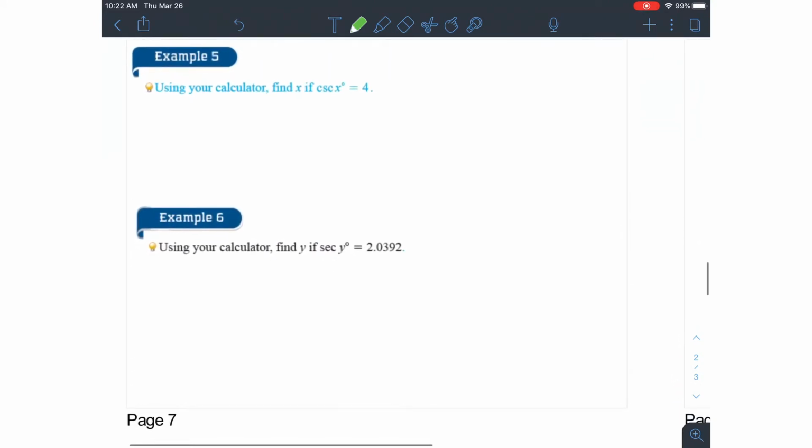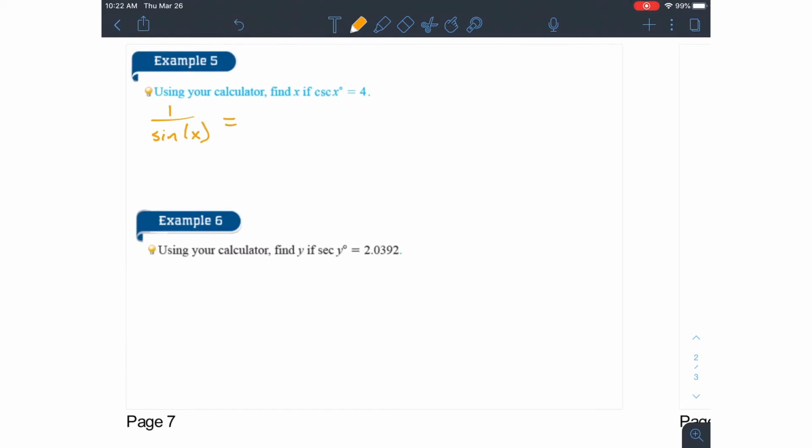Now we also need to know how to calculate the other three trig ratios as well, cosecant, secant, and cotangent. Now, when we are given something like this, we have to do this a little differently. So remember, cosecant is the same thing as 1 over sine. So I'm going to go ahead and write that in. We've got a couple different ways we could do this. We could maybe cross multiply and put 4 over 1. Or, remember, we can just take the reciprocal of both sides.